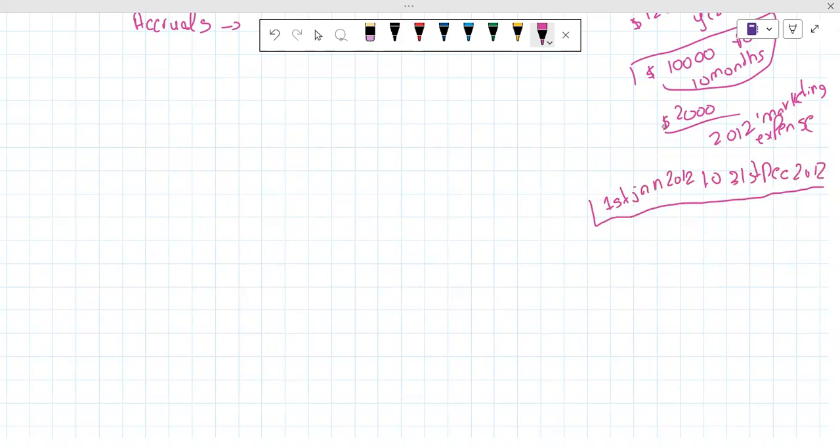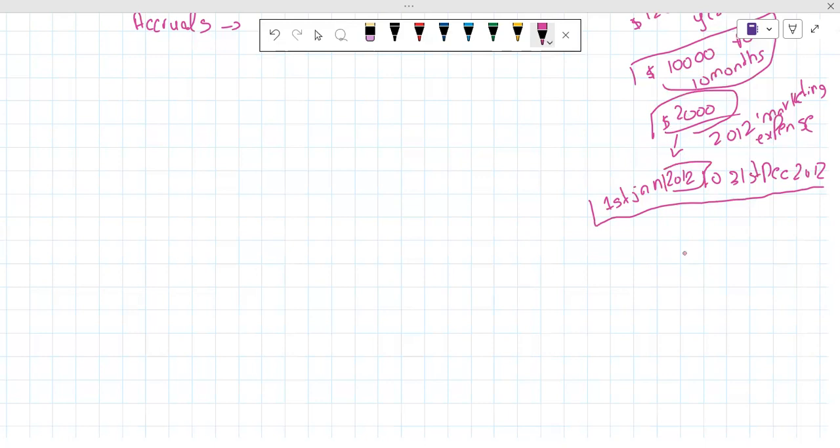Okay, but you didn't pay this $2,000. You just paid only $10,000, but you should pay 2,000 more. So it means that this $2,000 is associated with the 2012 year. So you're supposed to include this $2,000 in 2012 expenses. So if you find any adjustment that your expenses are accrued, you have to add this accrued expense to your total expenses which you will find in the trial balance.